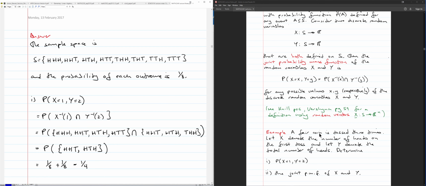With this experiment and this sample space, we have 2 random variables. The first random variable is big X, the number of heads that you get on the first toss. The second random variable is Y, the total number of heads that you would get in an outcome.